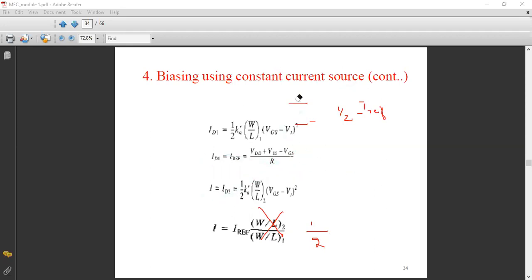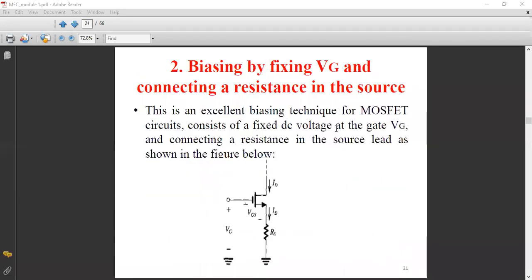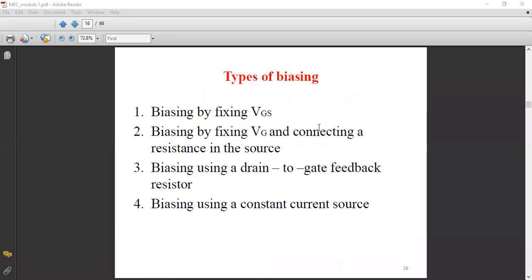So students, till now we have discussed the four biasing techniques of the MOSFET. Just go through those names. First, by fixing VGS. Second, by fixing VG and connecting a resistance in the source. Third, by using a gate to drain feedback resistor.